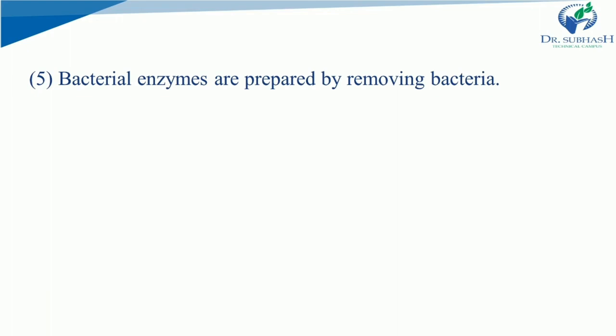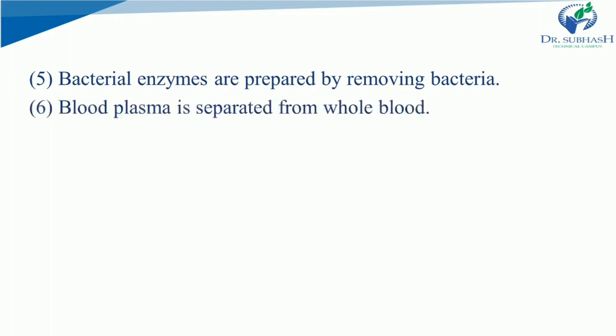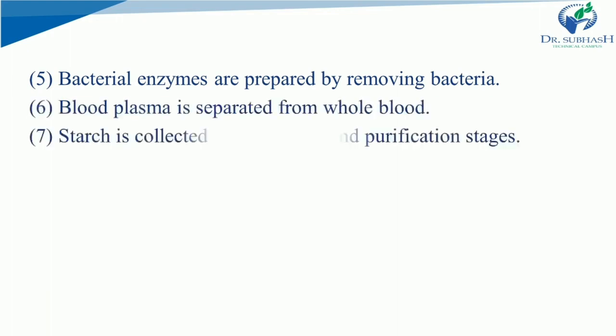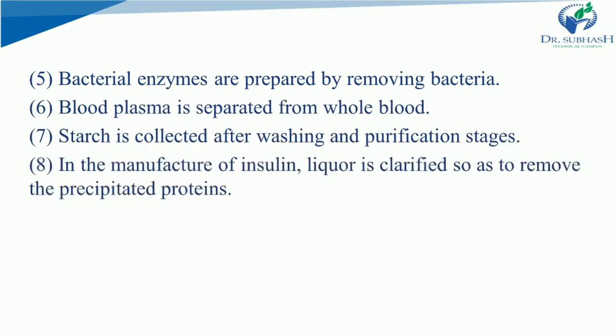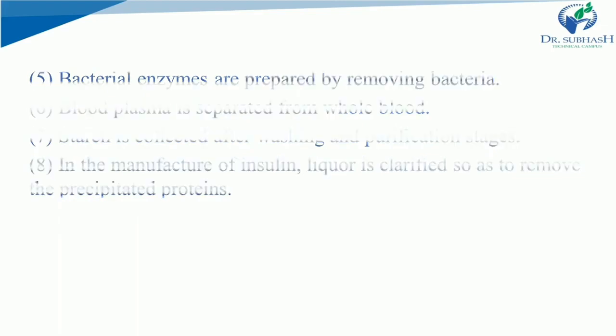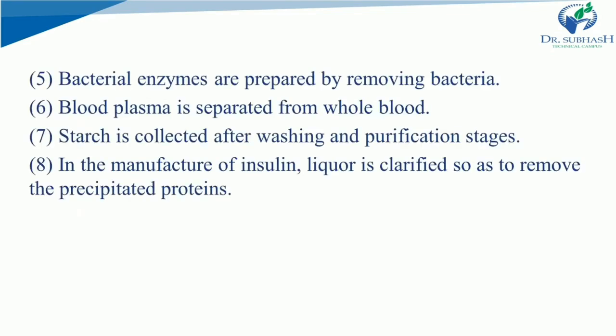Bacterial enzymes are also prepared by removing the bacteria. Blood plasma is separated from whole blood. Starch is collected after washing and purification stages. In the manufacture of insulin, liquor is clarified so as to remove the precipitated protein. Before we move further, do you know what clarified means?